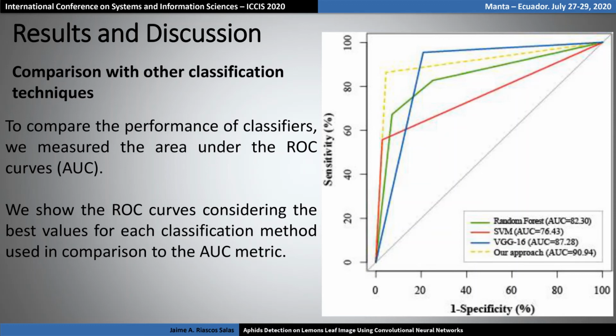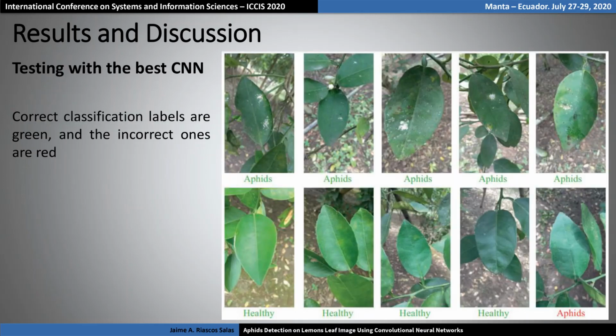Thus, we conducted a statistical test and found p-values lower than 0.05 when comparing our approach with SVM and VGG16. So we can say that there is a statistically significant difference between these methods. However, when our CNN approach is compared with random forests, we didn't find any significant difference.